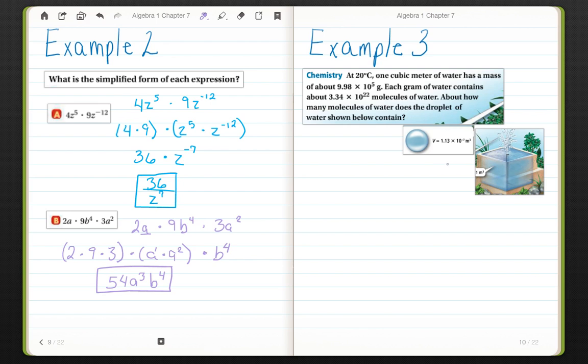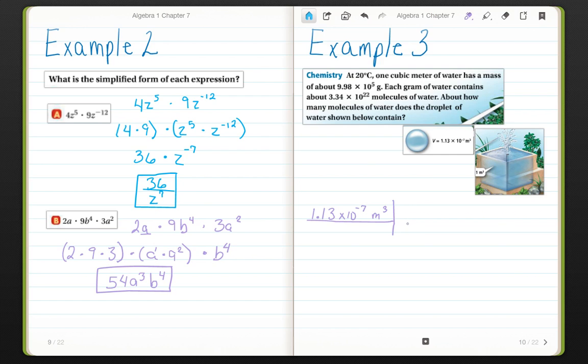So to find the molecules of water, I'm going to start with the volume of my droplet: 1.13 times 10 to the negative 7th meters cubed. And we are going to multiply it by the mass per cubic meter.